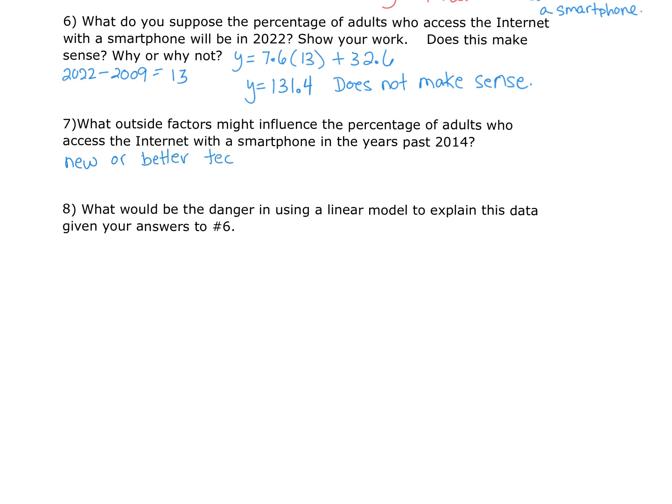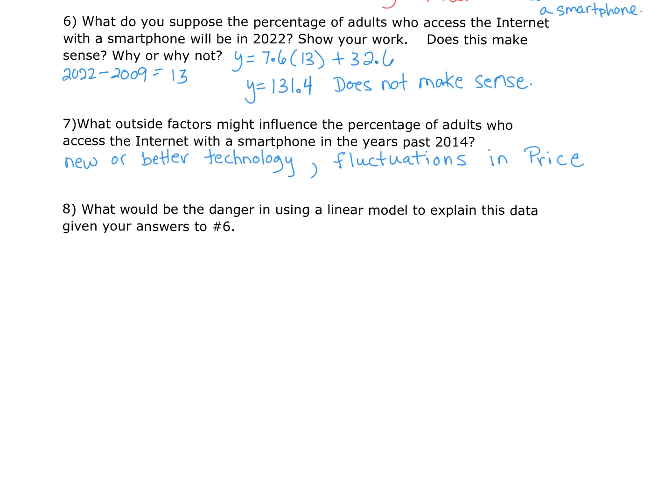We might not use smartphones in the future. Maybe we use something else. Also, you could have fluctuations in price if they become too expensive, or possibly they bring the price way down. Then we would be able to afford them more, and maybe more adults would purchase them. So lots of things could affect that.